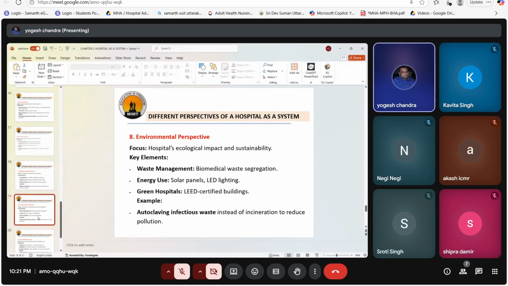And second is the concept of the green hospital, where you are using solar light. Besides solar light, you have to use some kind of low electricity consuming lighting, CFL and all that. So you have to think about making the green hospital.